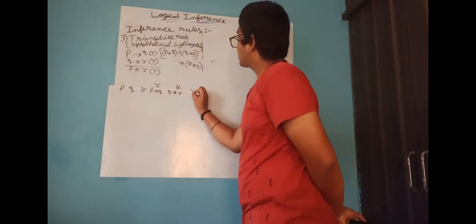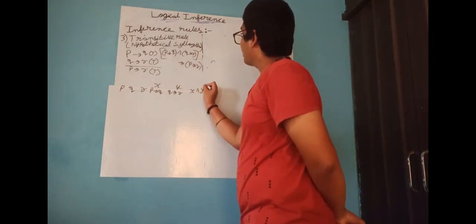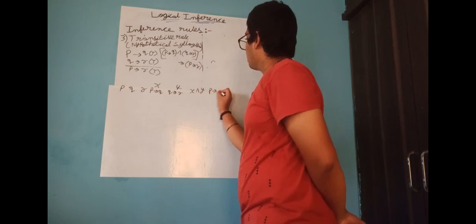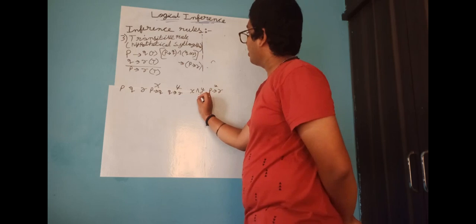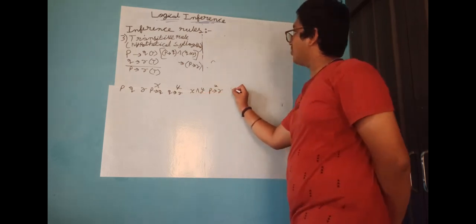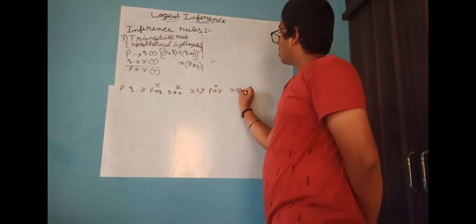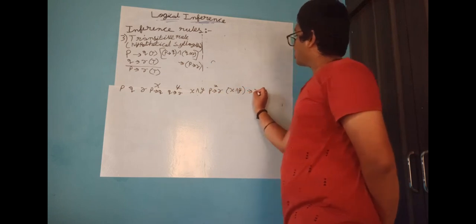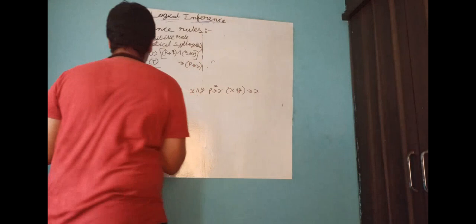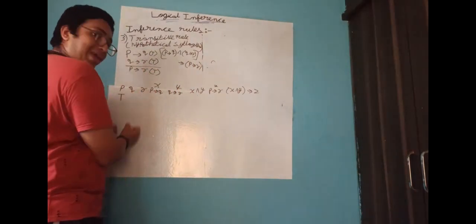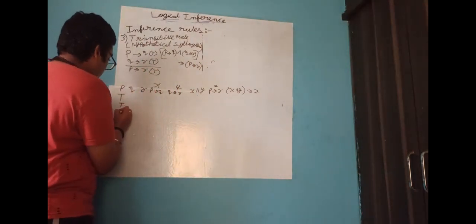Now X and Y. Another thing is P implication R, let it be Z. This X and Y implication Z we need to do. Now write the 8 possibilities.